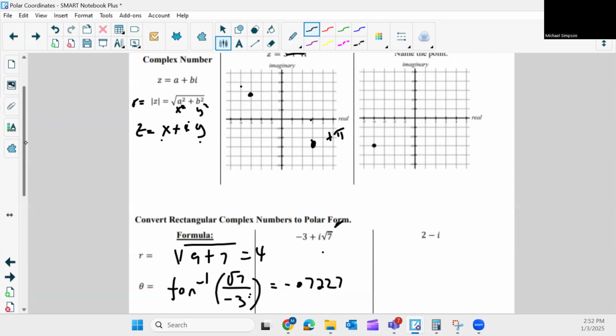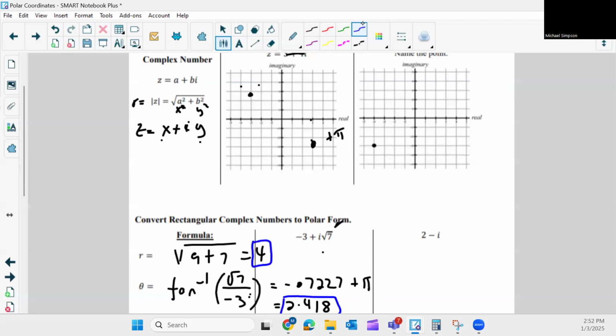But now I know I'm going to have to add pi to this, because the angle I want is in this second quadrant. So when I add pi, that gives me 2.418, just truncated. So that's the angle I'm looking for. My angle is 2.418, and my r value is 4.